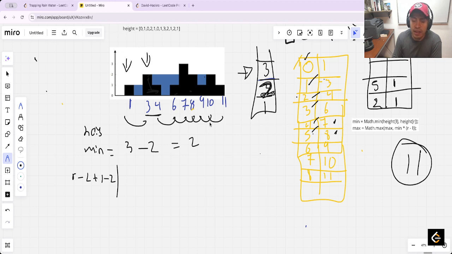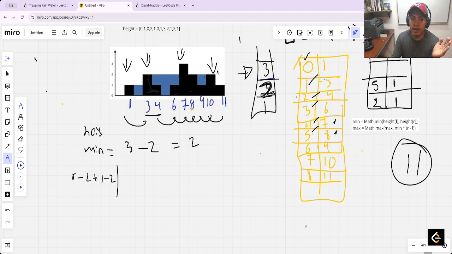This is the first calculation, and the other calculation is between the right barrier, for example here, and the maximum in the stack that is here. In this case it is 1.